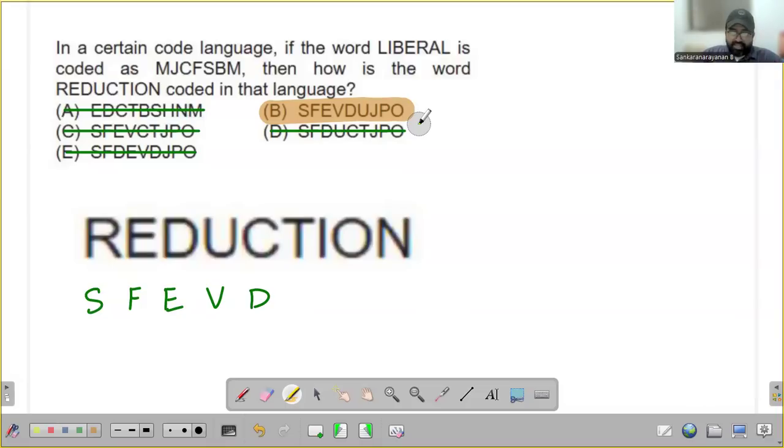Okay. And please note, I didn't check whether the remaining 4 are correct or not. But if you see, it is correct only. Okay. Because you can see that after T, it should be U, I is J, O is P, N is O. Okay, so it is correct only, but let us not waste our time checking whether it works or not. But this part you have to take care.